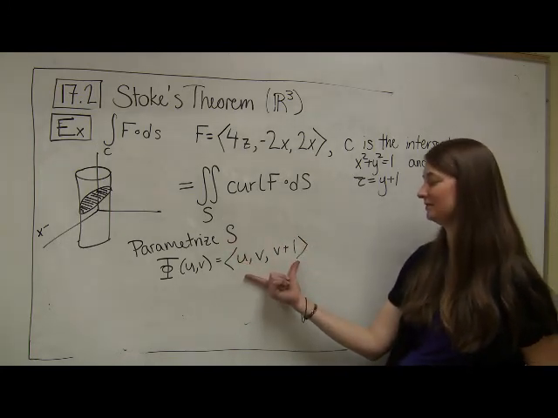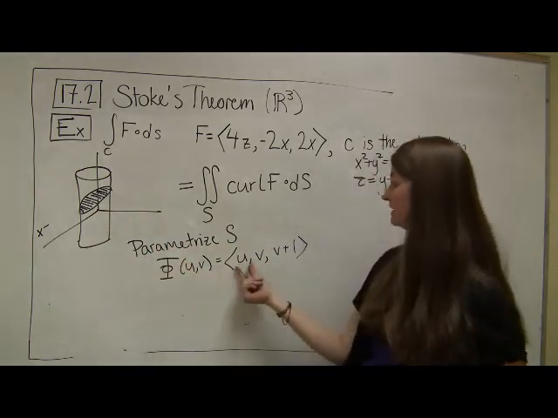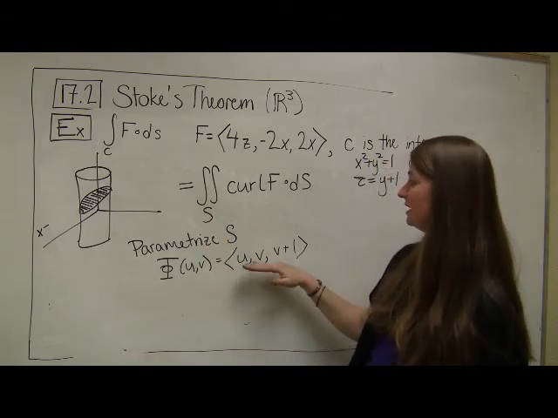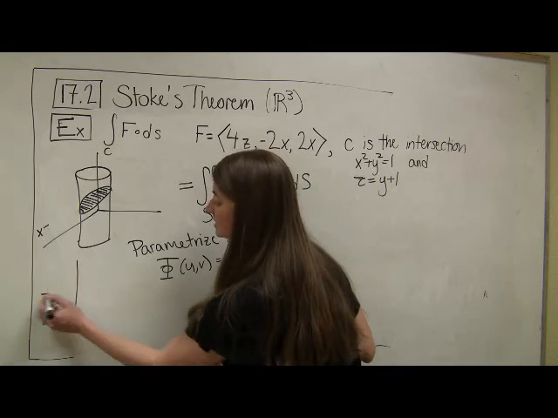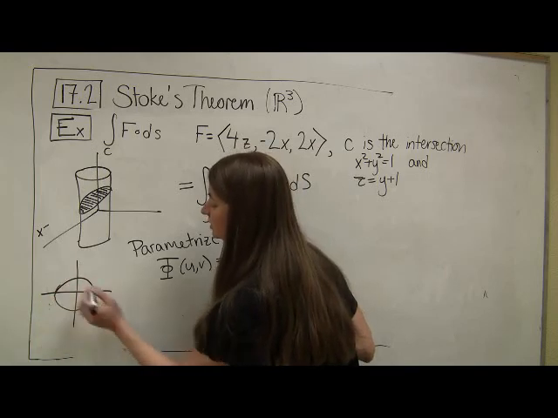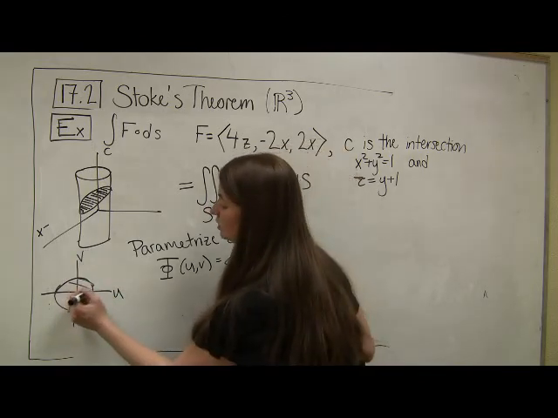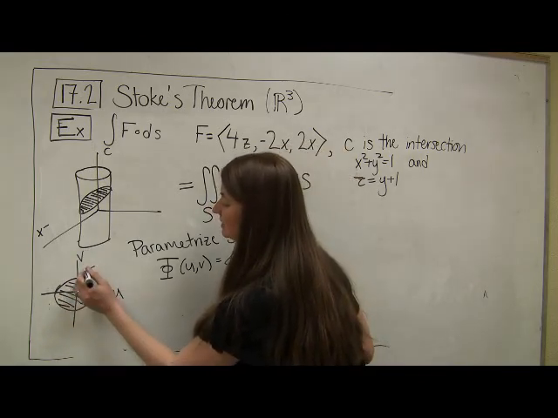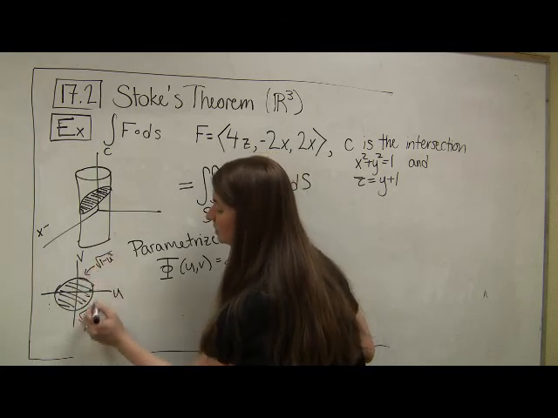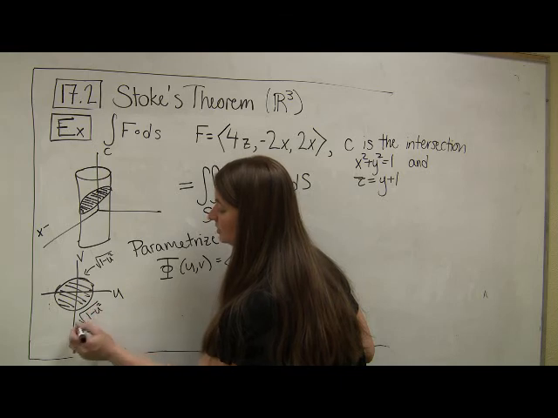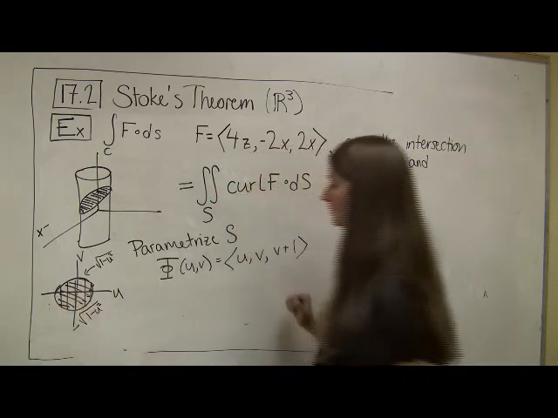The tricky part is the fact that these bounds are circular bounds, right? In this case, it's not the fact that we have some rectangular boundaries. If I take a bird's eye view of this, we see that my boundaries are circular. By changing it from x's and y's into u's and v's, I could represent this by saying that my top boundary is the square root of 1 minus u squared, and my bottom boundary is negative the square root of 1 minus u squared, thinking of this as a type 1 region.